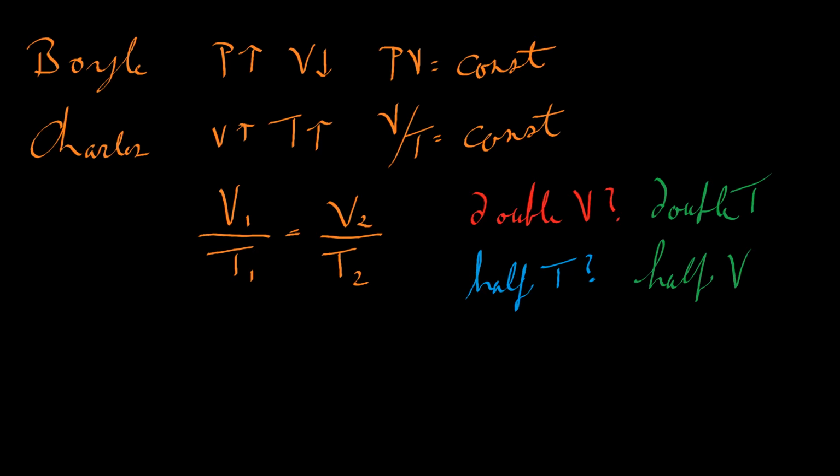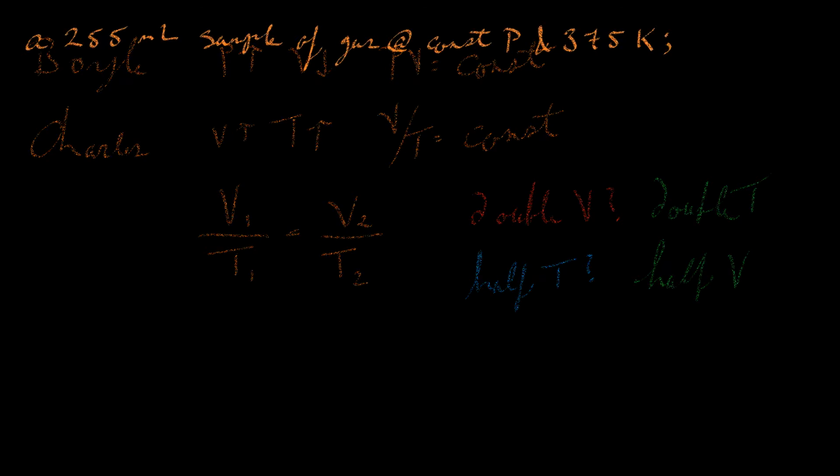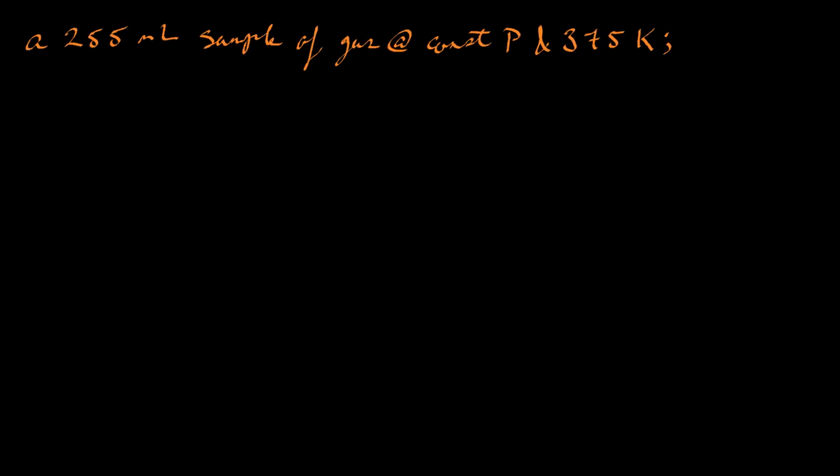But let's look at something that is a little bit more like a traditional math problem, a word problem, as it were. So let's say you have a 255 milliliter sample of gas at constant pressure and 375 Kelvin.